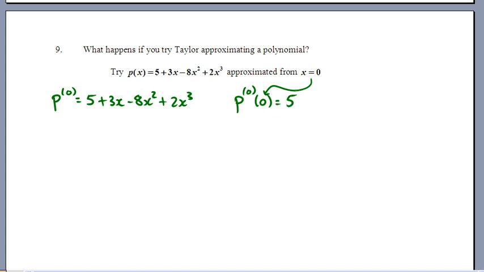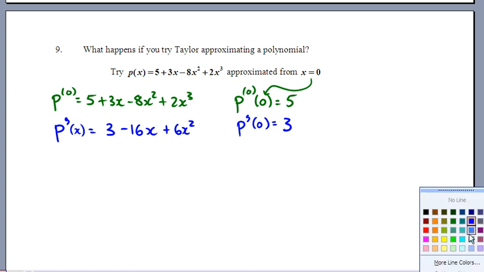Okay, great. You know the game. Now we have to do some derivatives. Let's do the first derivative and see what we get. The first derivative would be 3 minus 16x plus 6x squared. And if I evaluate that first derivative at 0, I end up getting 3.